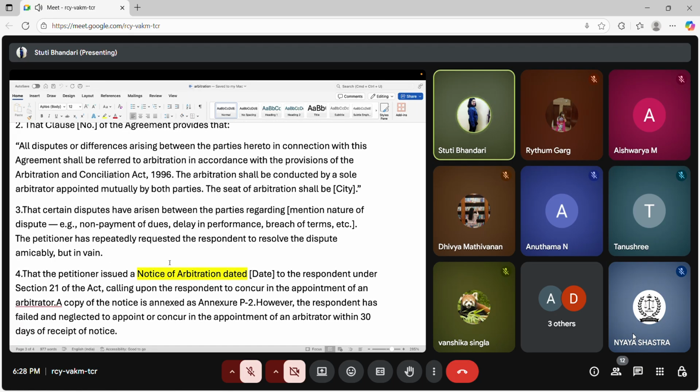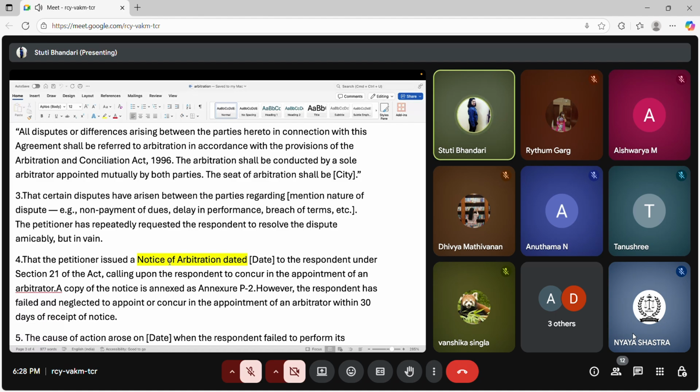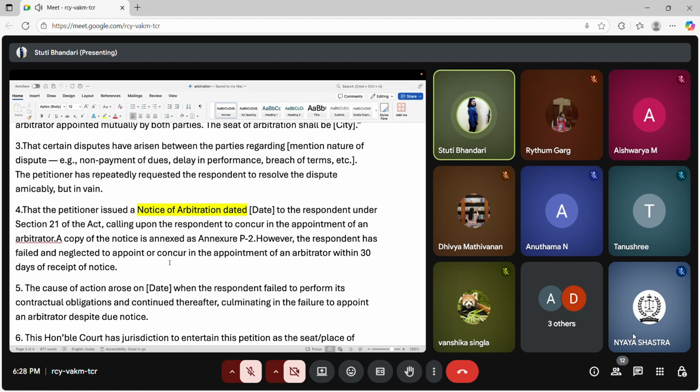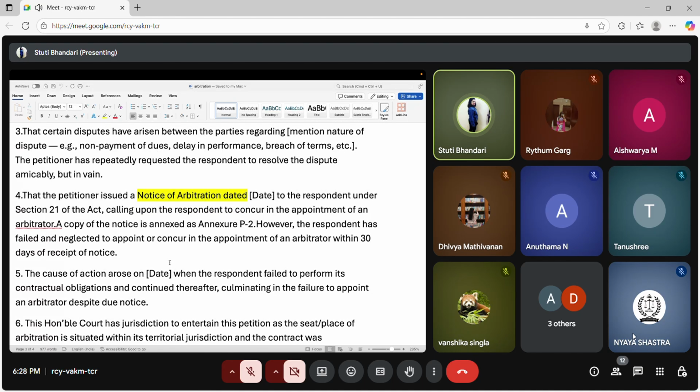Dated dash to the respondent under section 21, calling upon the respondent to concur in the appointment of the arbitrator. A copy of the notice is annexed as Annexure P2. However, the respondent has failed and neglected to appoint, in the failure to appoint an arbitrator after due notice.